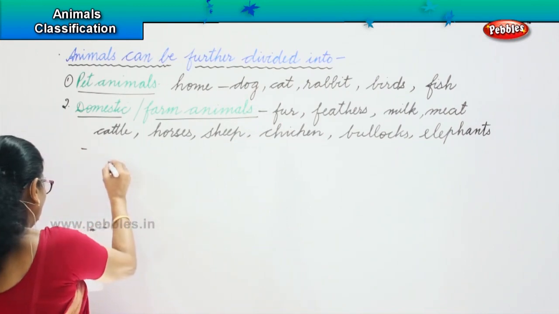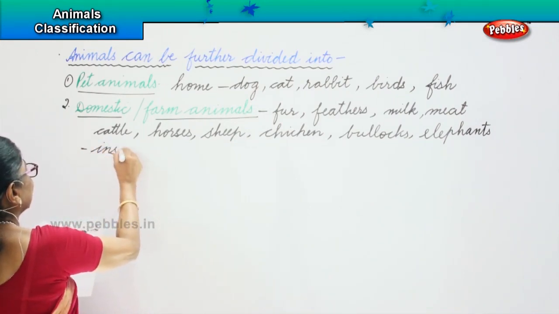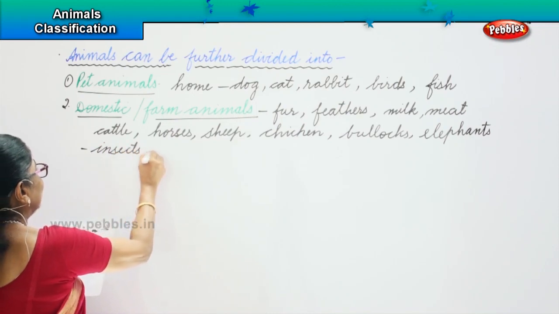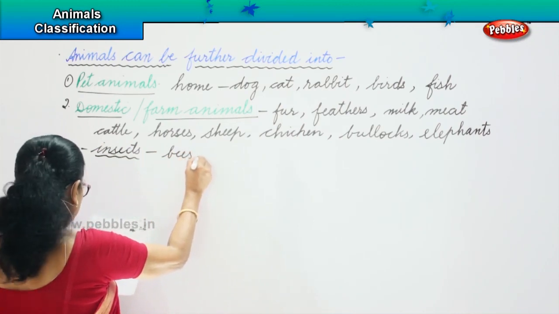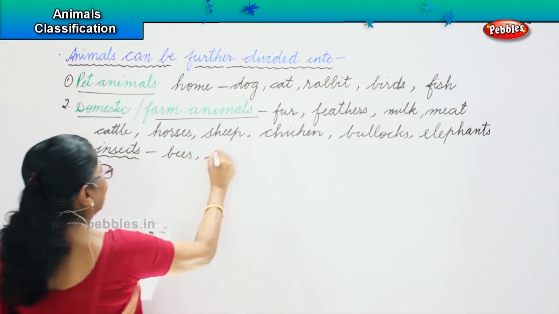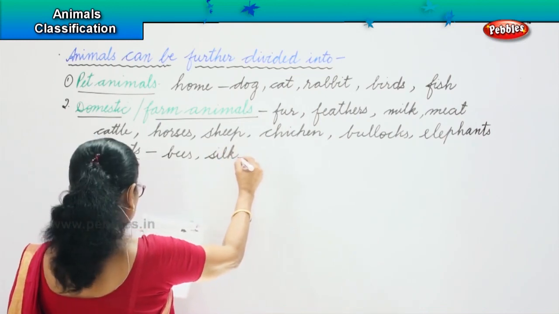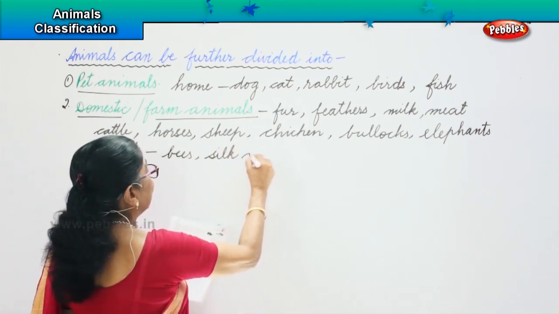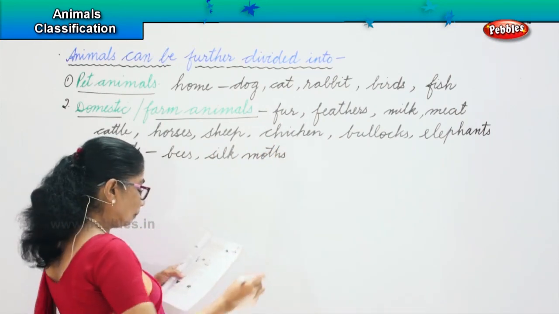There are others like we keep insects. What insect do we keep? Like bees for honey, silkworms, or silk moths as we call it.